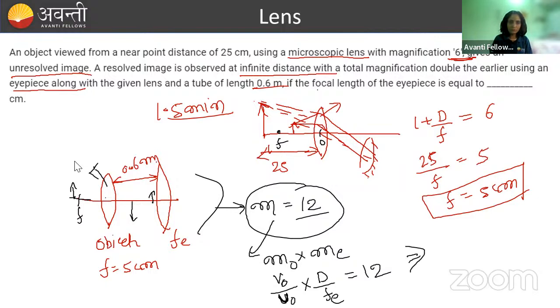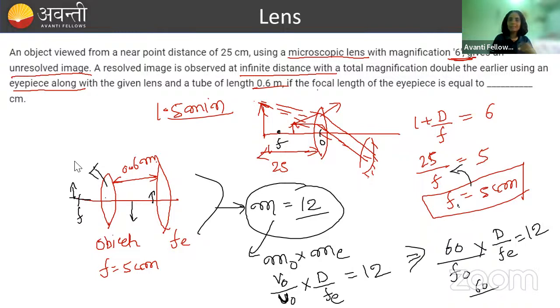So V naught will be 0.6 meter, that is 60 centimeter. And here U naught is the object distance, and that we are approximating to F naught. And this is equal to D by Fe, which is 12. Now we just need to solve it. So अब आप इसको solve कर दो. 60 by F naught, this is F naught ना?